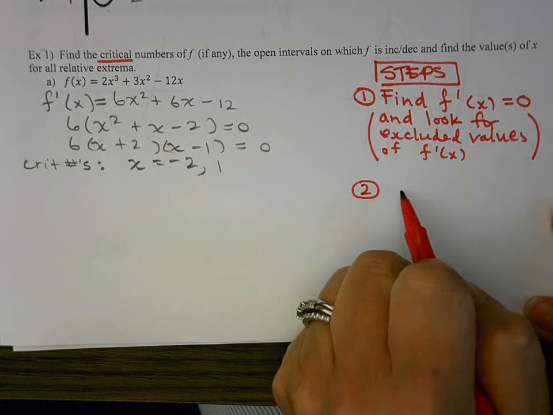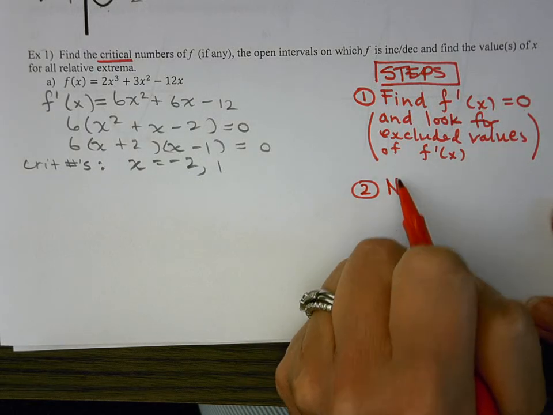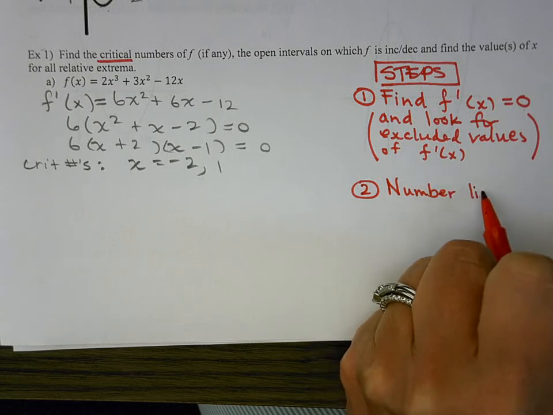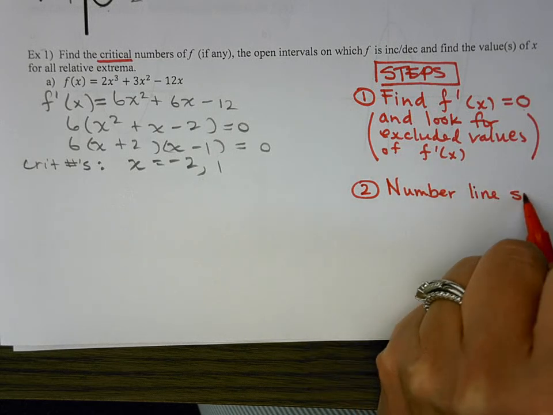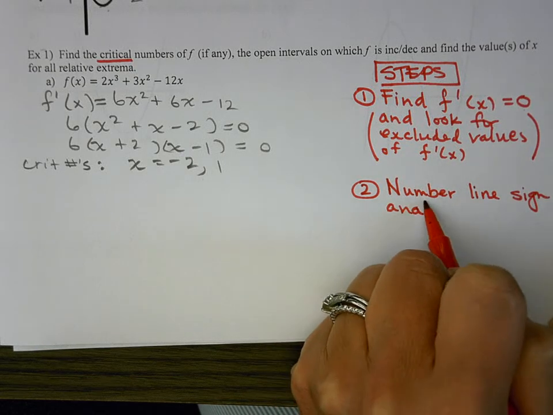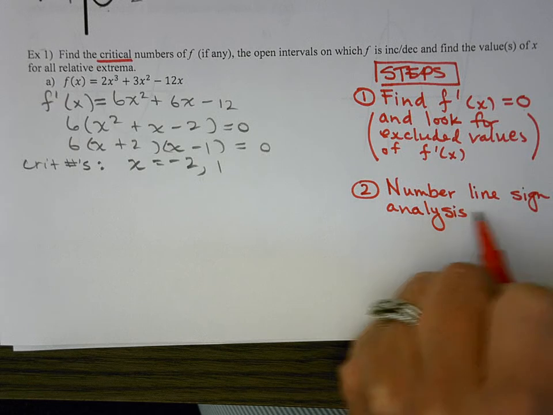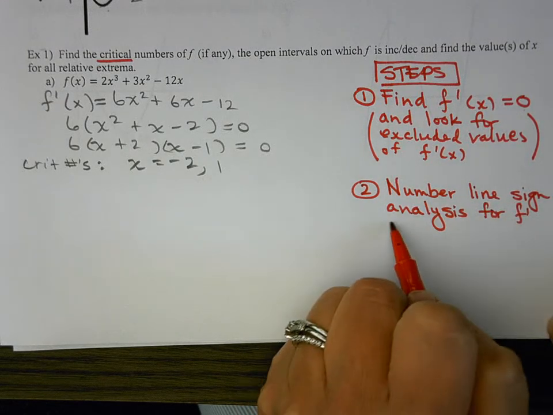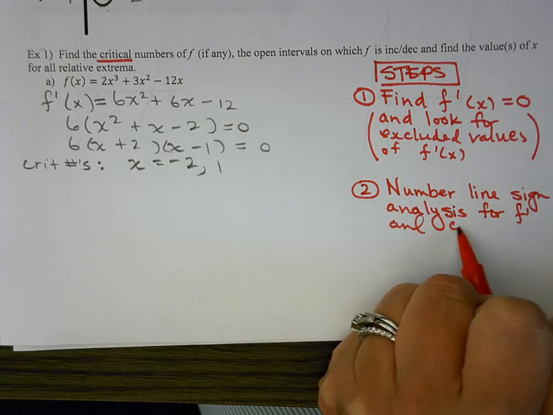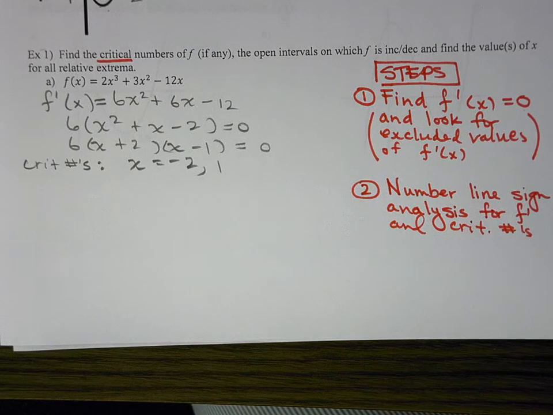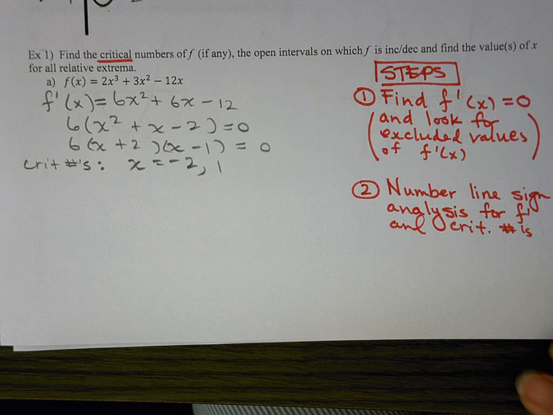So we're going to do a number line sign analysis for f prime and the critical numbers.